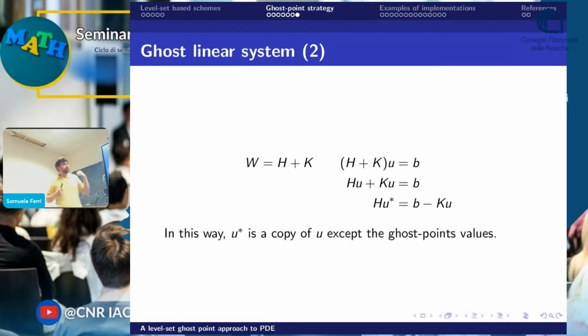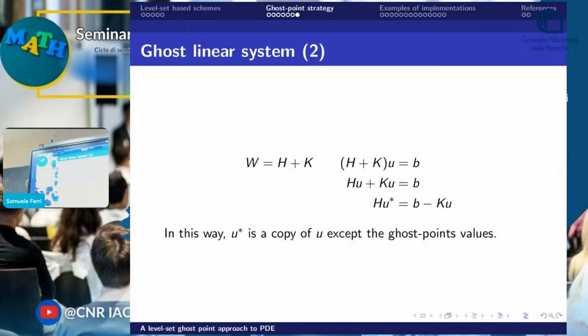So going back to the linear system, we just plug H plus K in the description. We split everything, rearrange the terms, and we want to solve the final system with respect to the matrix H and this new right-hand side.